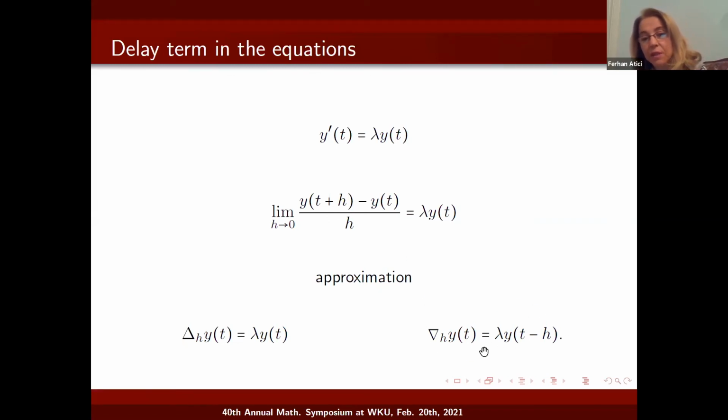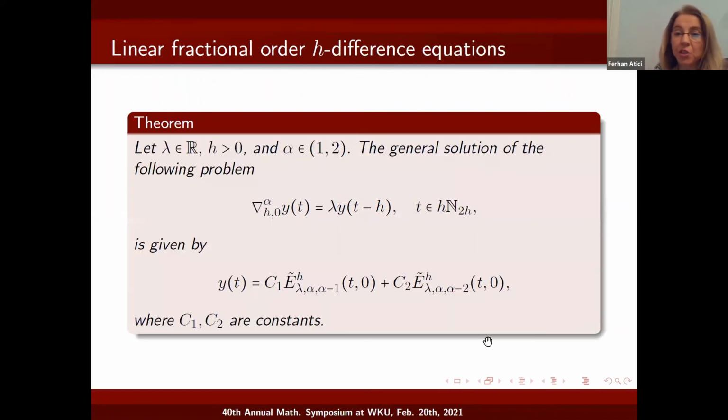So I am getting this first order nabla difference equation, and I am fractionalizing the equation, and I have this alpha power for the equation. So I am talking about an alpha order fractional difference equation here. Alpha is between 1 and 2. And this equation has this general solution, C1 Mittag-Leffler type function plus C2 Mittag-Leffler type function.